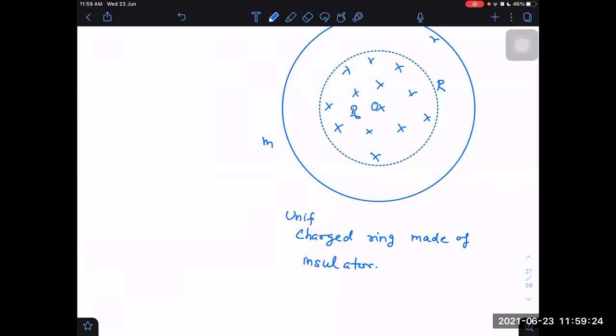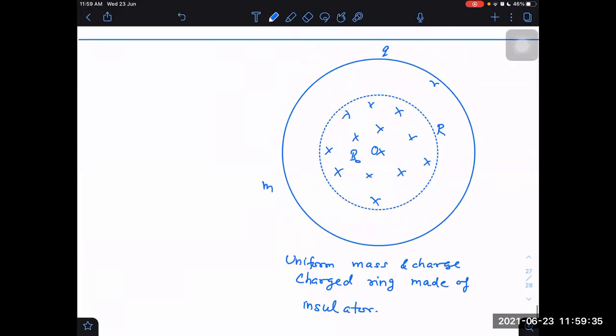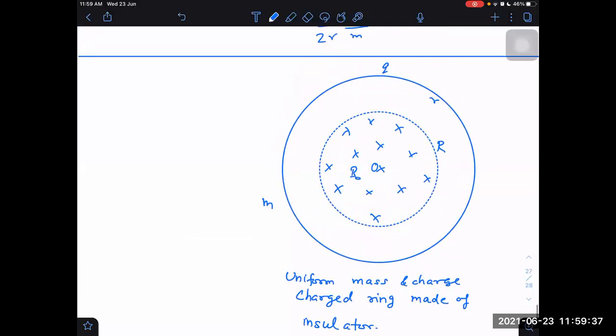It will rotate, sir. It will rotate. What we have to find out? Same question. Find omega. Remaining data remains the same.